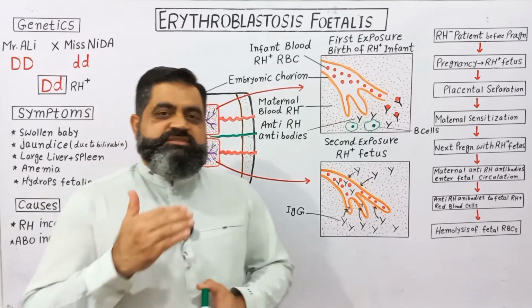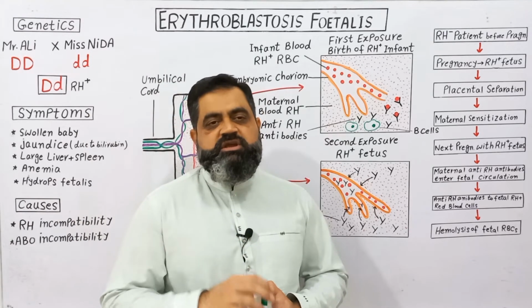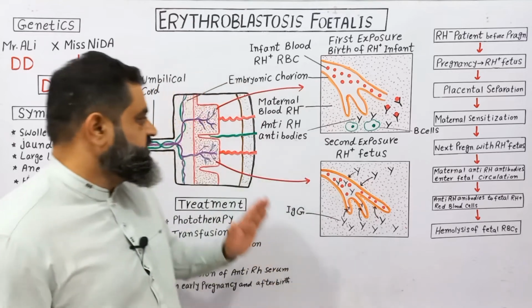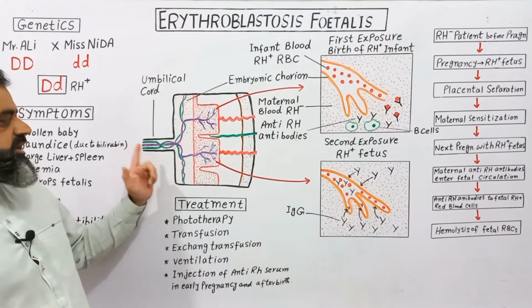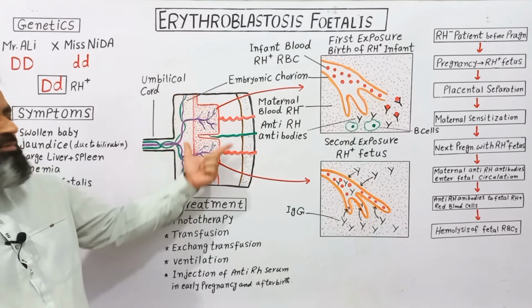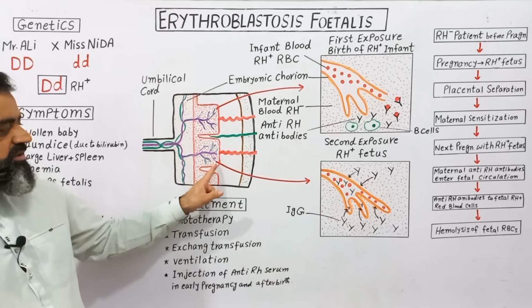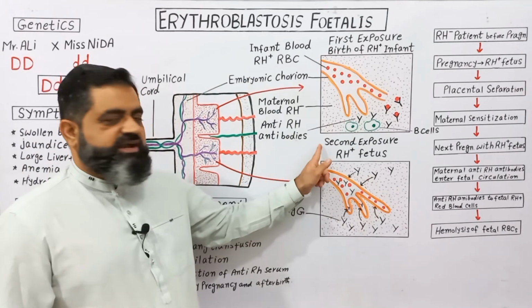What happens in the second pregnancy? We will look at this diagram again. There is a fetus attached by the umbilical cord to the mother's blood with the help of the placenta. I have taken a small cross section from this area. This is the second exposure.